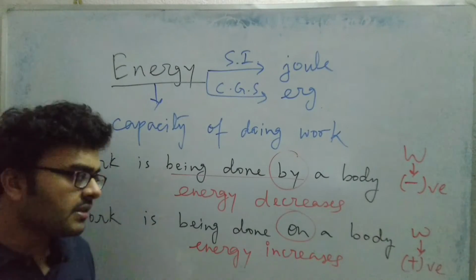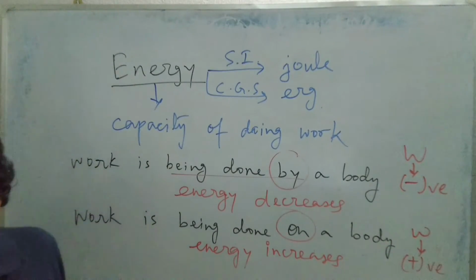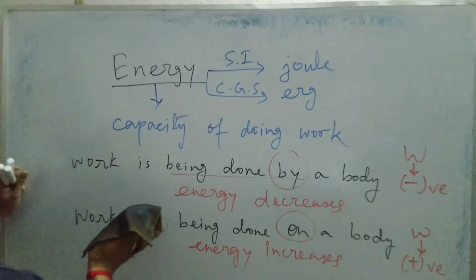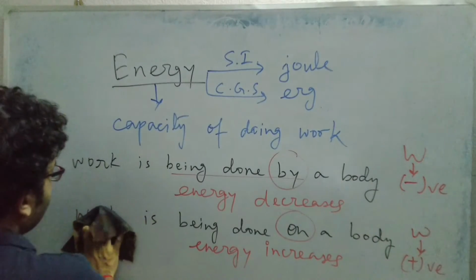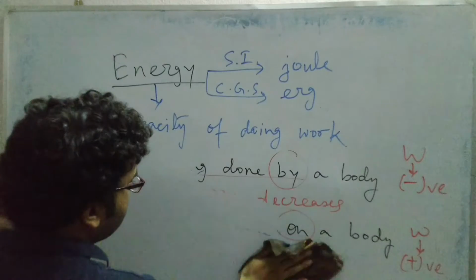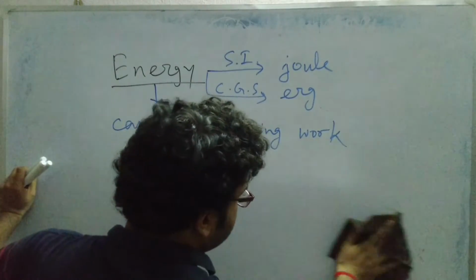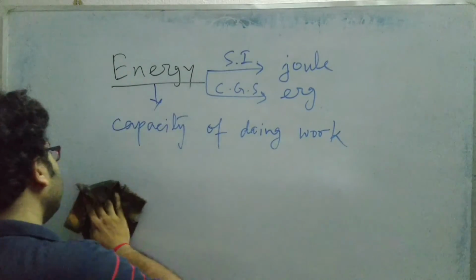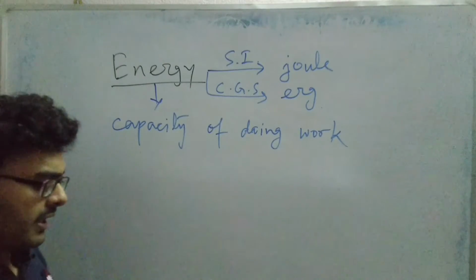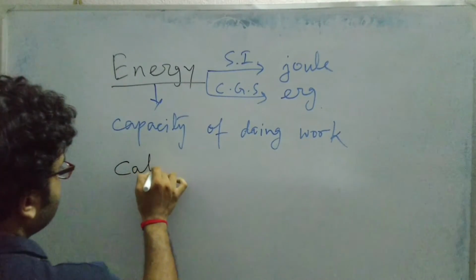Now there are some other units of energy also. So what are those units of energy? Let us see. You might often have seen on the packet of some packaged foods, like say chips, or the Cadbury chocolate that you are eating, that a term is being written on that packet: calorie.